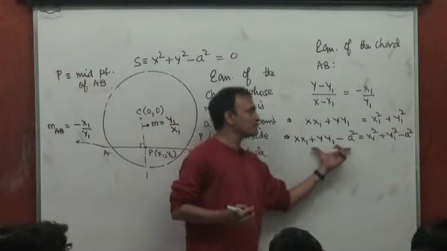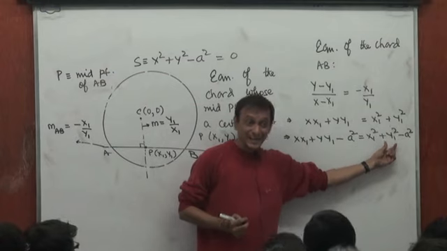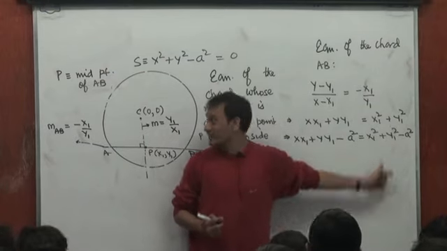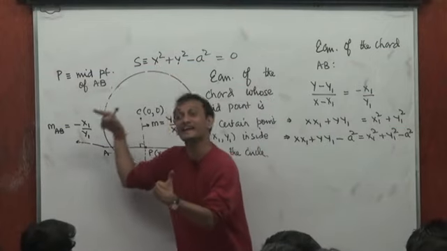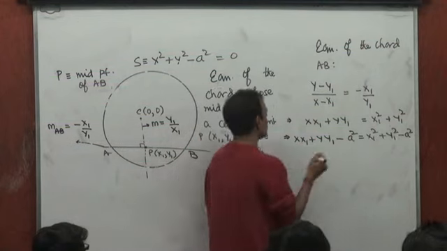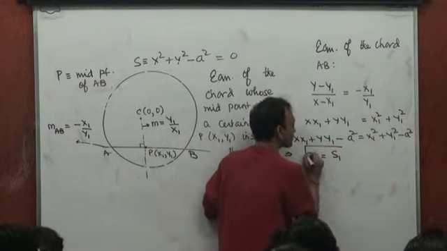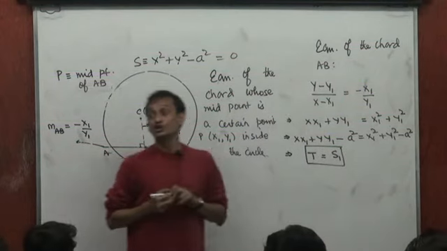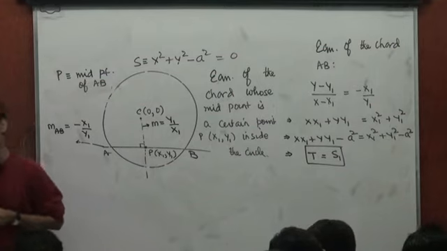What is this expression referred to as? T. What is this expression referred to as? S1. If this was S, then replacing x and y by x1, y1 gives S1. So this is S1 and this is T. So T equal to S1 will represent what? The equation of the chord in terms of its midpoint x1, y1.